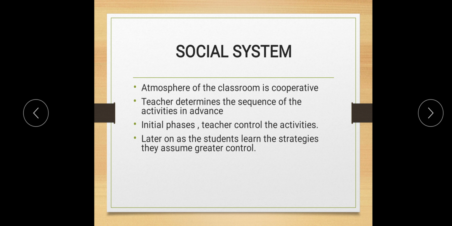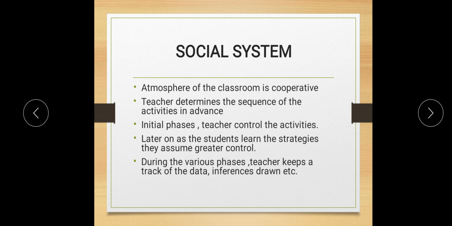Later on, as the students learn the strategies, they assume greater control. So afterwards, as they understand how to go about the model or strategy, they understand it in a better way and they can manage on their own. Now, the teacher keeps track of the data and inference being done. So you need to know what each group is doing, whether the first stage of concept formation is correct or not, whether they are going in the right direction or not, and if they are not, you need to guide them.